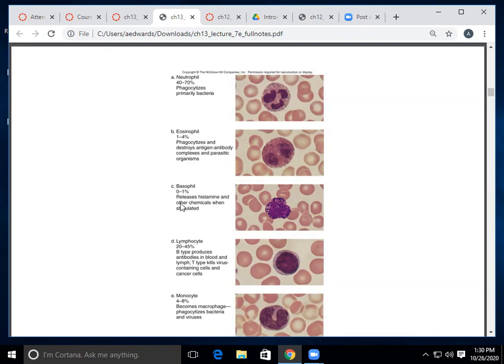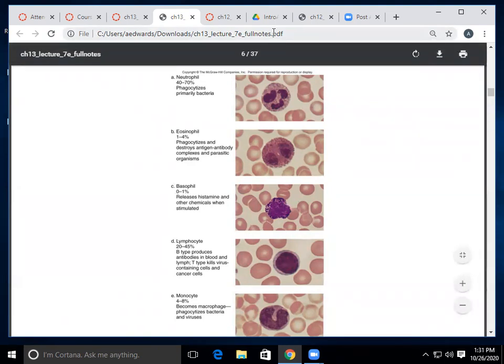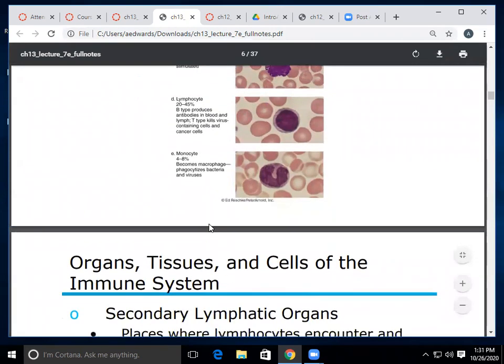Your basophils, 0 to 1%, release histamine as well as other chemicals when stimulated. If you've ever taken an antihistamine, it has to do with these histamines involved in allergic reactions.